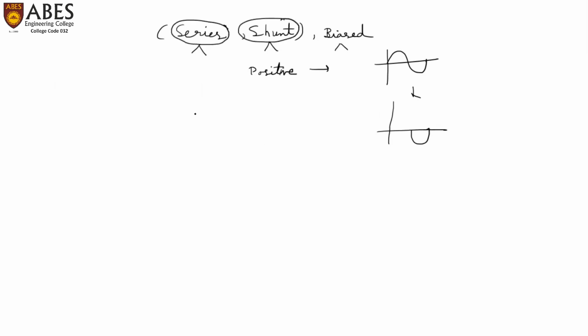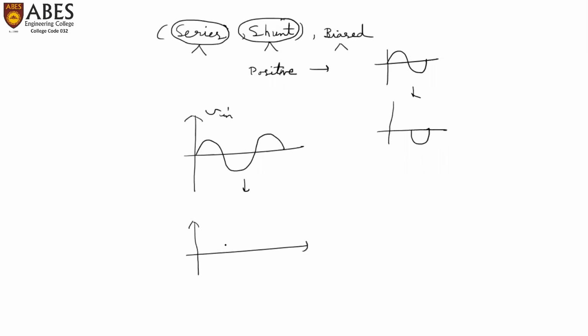Now the question is, if this is our input wave V in, and we want to cut only some portion of the positive half cycle, not the complete one. For example, we want the negative cycle to be as it is, but for the positive half cycle, only this much portion should be passed and then it should stop like this.